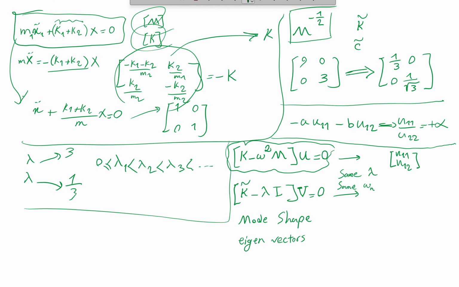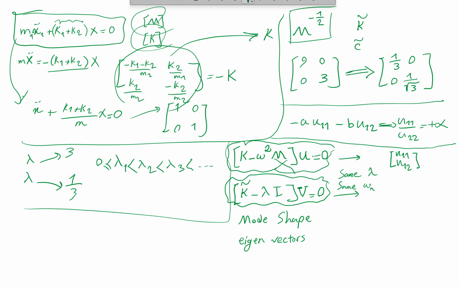For eigenvectors, however, you cannot calculate them here. You need to calculate the eigenvectors from this equation, where you need to do the mass normalized stiffness matrix first, and then, if you've previously used this to calculate the natural frequency, you can put the lambda straight in here.